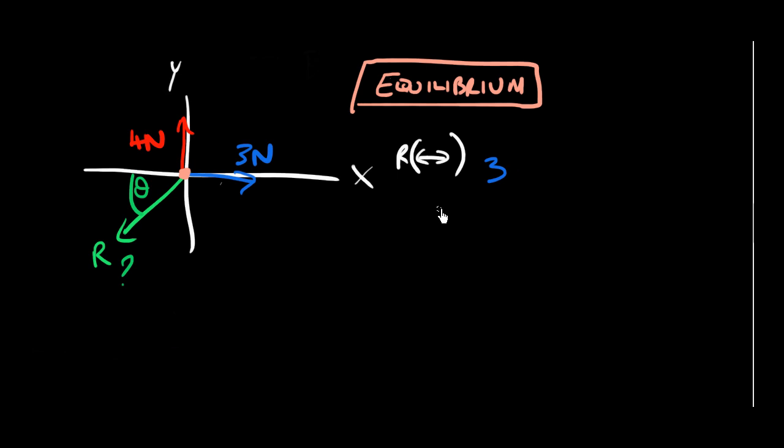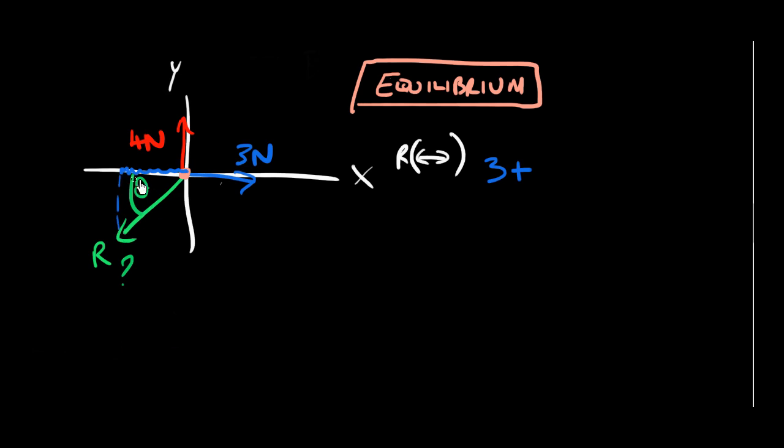Or let's do it differently. Let's say that 3, which is going to the right, plus all the other forces in that direction need to go to 0. So 3 plus this force here, and this force here is going to be R times cos of theta. That's this shadow over there.